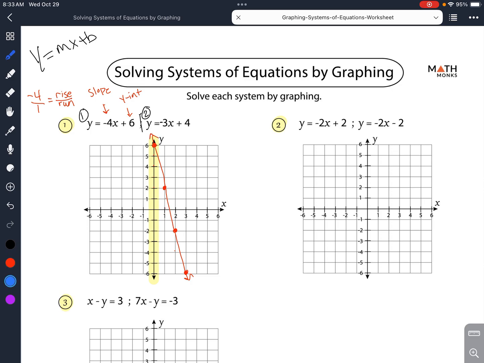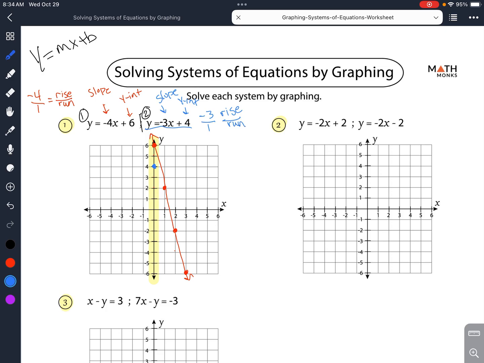So now for my second line, again, I'm going to start with the y-intercept, which is +4 here. So I'm going to plot a point at +4. Okay, here my slope is -3, so that's the same thing as -3/1. And again, we have rise over run.